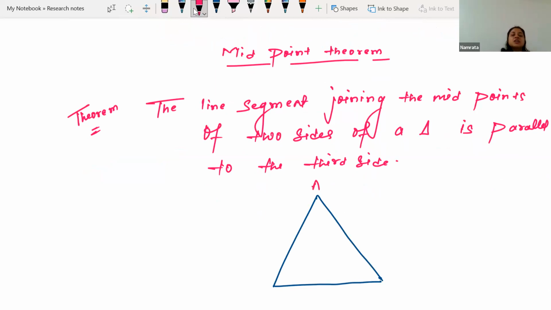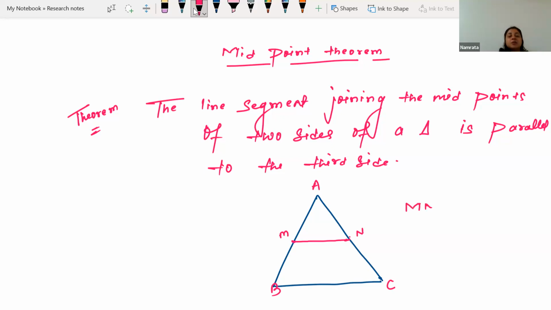Any two sides you take from this triangle. This is triangle ABC. Now if you want to take any two sides, just take them. So I am taking side AB and side AC. And I am taking the midpoint of the two sides. So midpoint of this one is M, let's say, and midpoint of that side is N, let's say. If we join these two midpoints, this line MN will be parallel to BC.